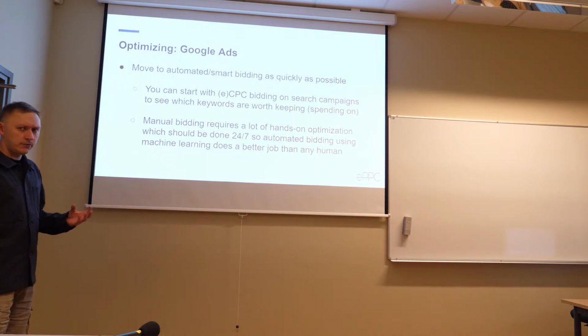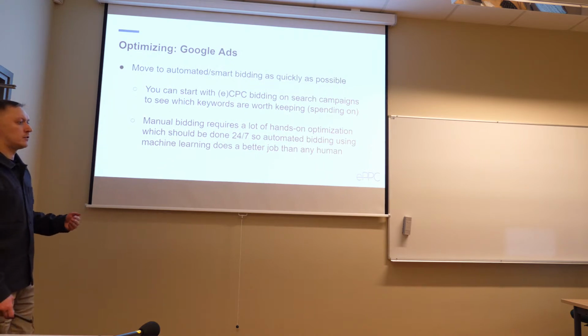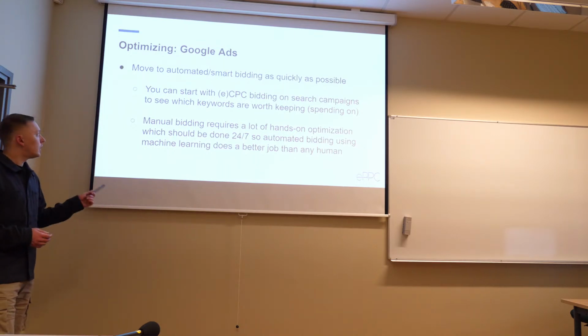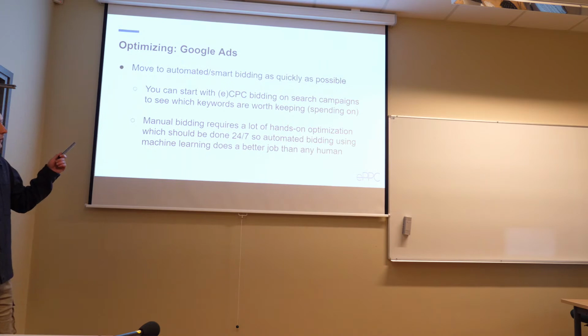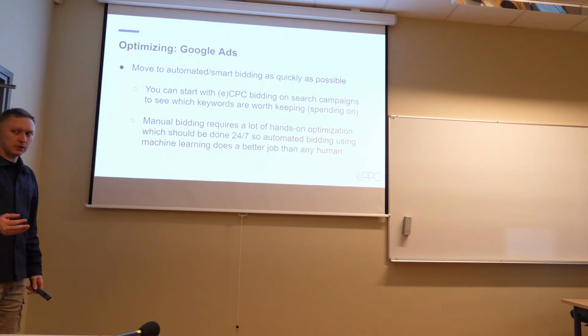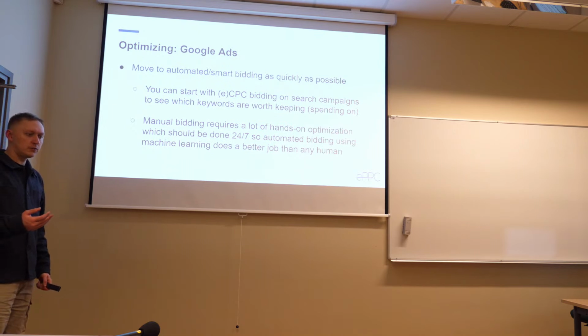During the last 4 or 5 years, I'd say the migration is now already finished. You can still use manual bidding, which is called CPC bidding, and the E in front of that means enhanced, which means that it uses a bit of machine learning.